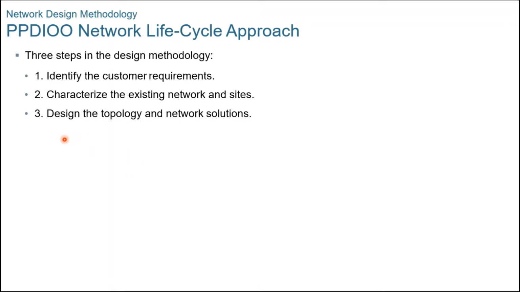Last one would be design the topology and network solutions. In this step, the detailed design of the network is created. Decisions are made about network infrastructure, infrastructure services, and applications. The data for making these decisions is gathered during the first 2 steps.